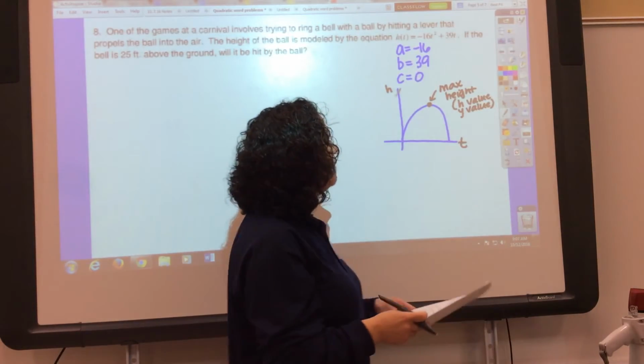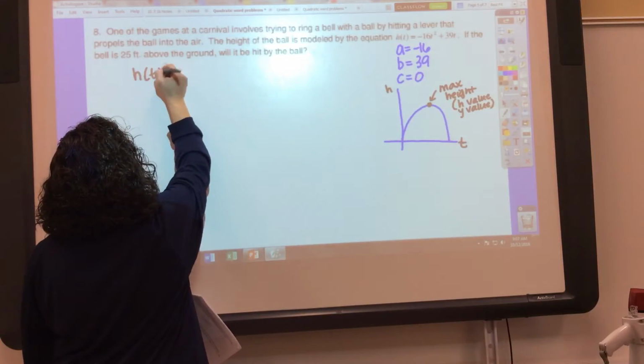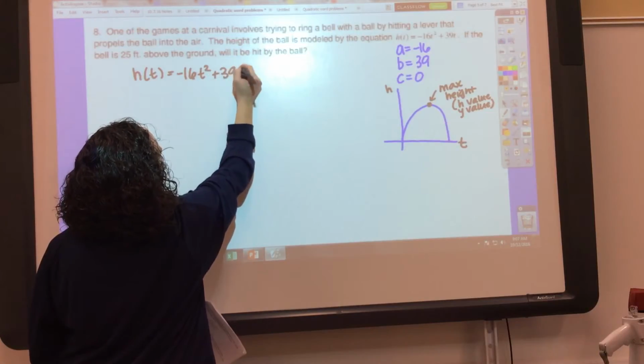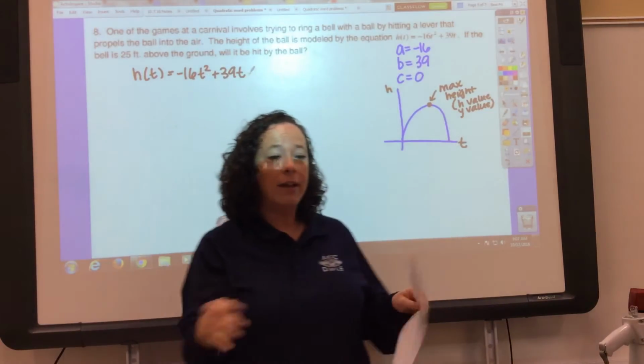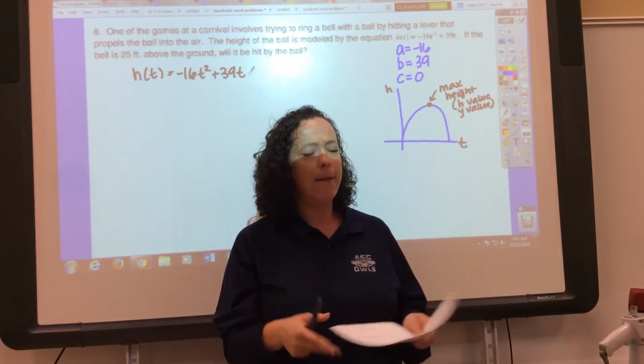To get that h value, we are going to take this equation, h of t equals negative 16t squared plus 39t, and we have the option to use the calculator or not. You never know if you're going to get to use the calculator. We're going with calculator today.